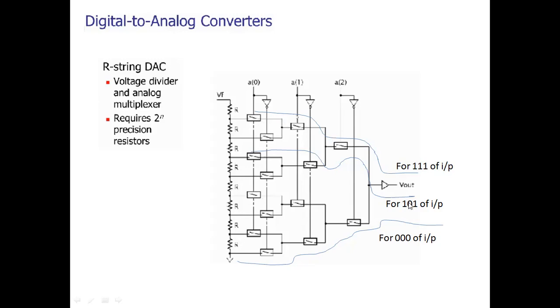And if any input line is 0, the lower switches will be activated, thereby establishing a conduction path. For the three combinations of input, 111, 101, or 000, the conduction path is as shown in the line.